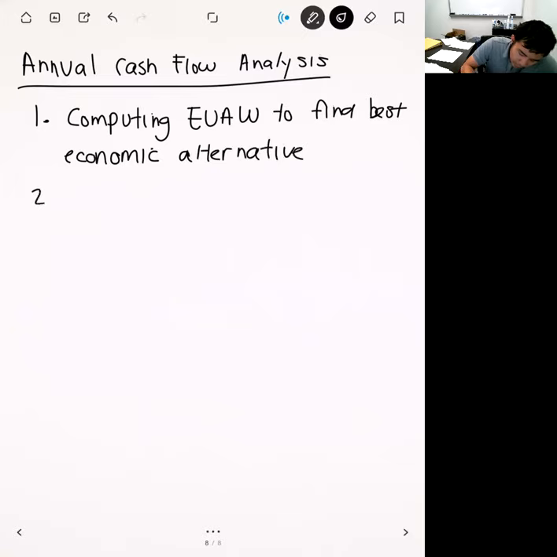Right. And so this first point right here is very similar to what we did with present worth analysis. Okay. Except that for annual cash flow, it has a number of advantages that we'll go over. Okay. And number 2, I'd say the other important takeaway for this unit is to learn how to organize loan payments.